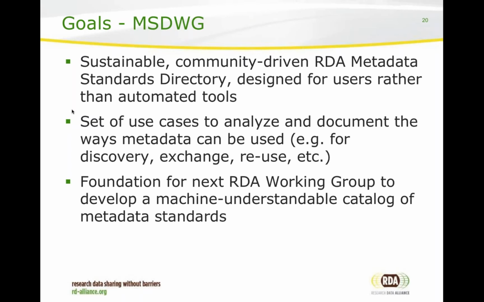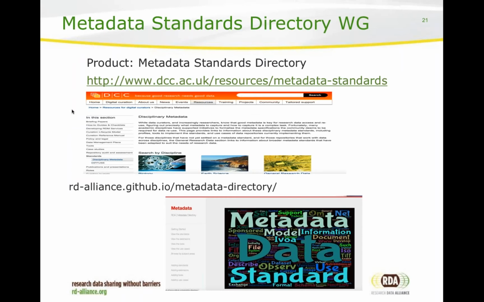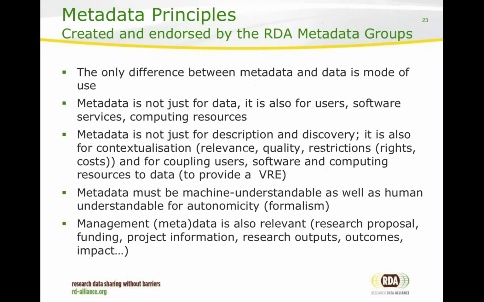And one of the things that came out of that was that people wanted not only a human readable directory, but a machine readable one, so that it could be used both ways. And that's what led to the follow-on catalog group.